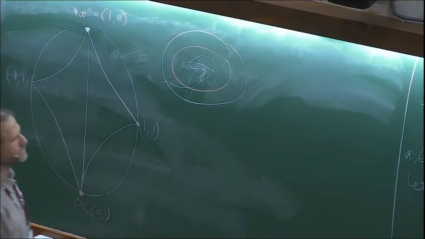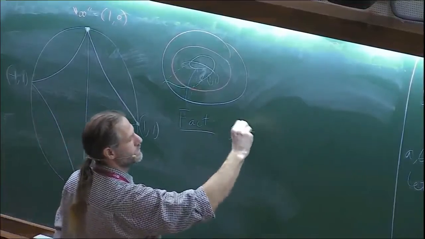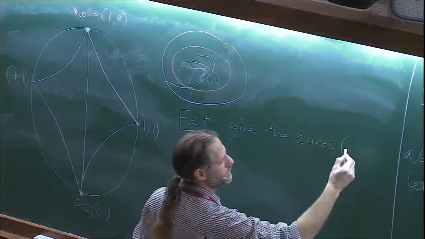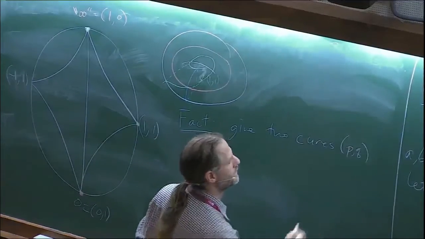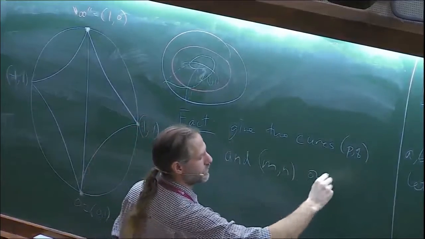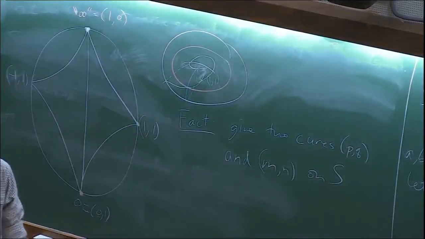And actually, maybe this is a good time to mention a useful fact. Given two curves, which maybe I'll call PQ and MN, on the torus, just given those numbers, you can figure out how many times they intersect.